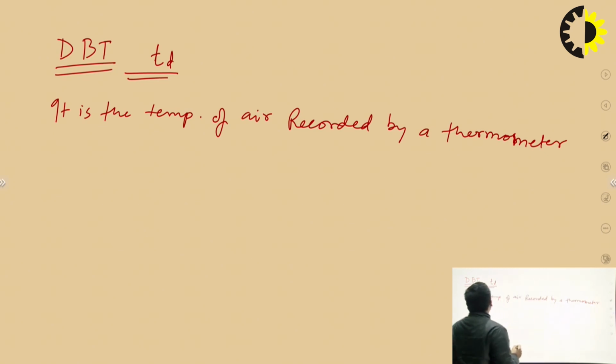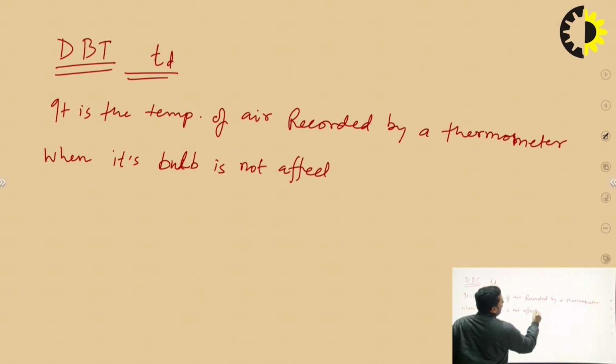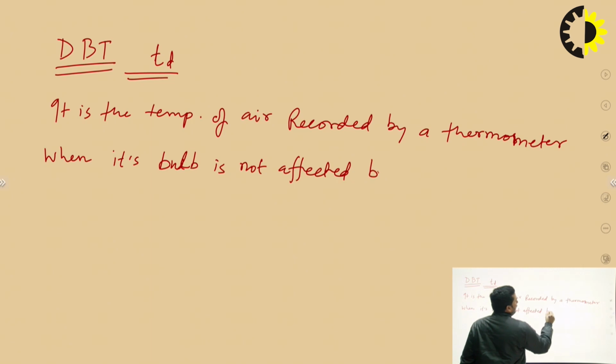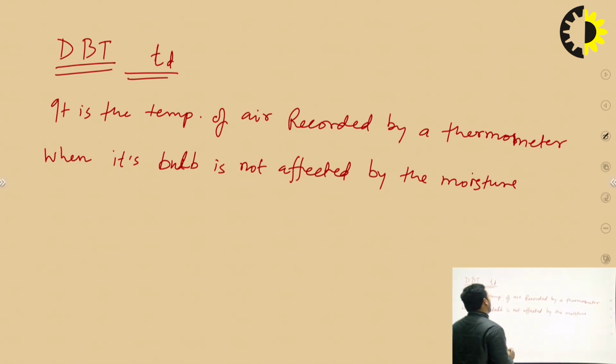It is the temperature of air recorded by a thermometer when its bulb is not affected by the moisture present in the air.